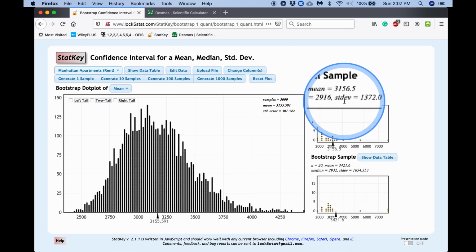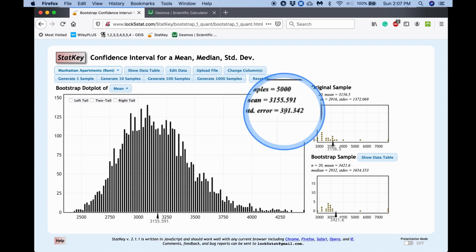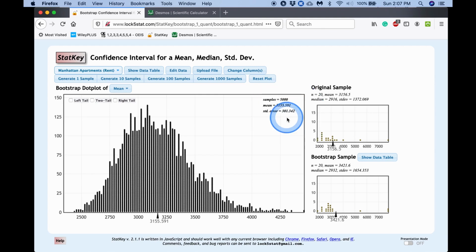We're saying our best estimate for the monthly rent in Manhattan is $3,156.50, let's say, and our standard error is 301.342. Just having those two pieces of information, we can do the arithmetic to calculate the left and right endpoints of our confidence interval.